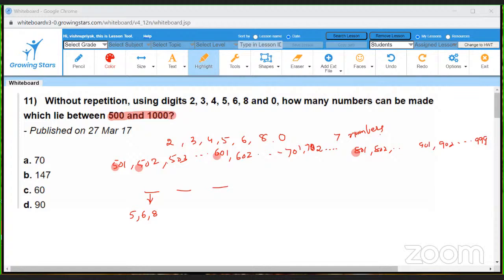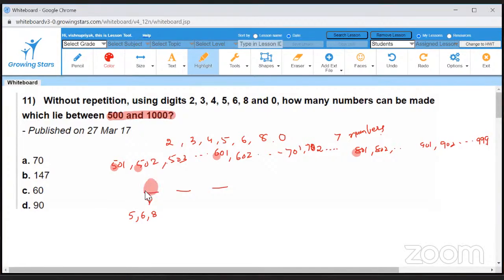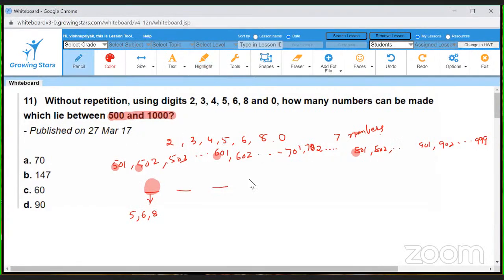Now, the second digit. What should be the second digit? Already one digit is occupied. So suppose something like 8 is occupied. So 1, 2, 3, 4, 5, 6. Only 6 digits are left.